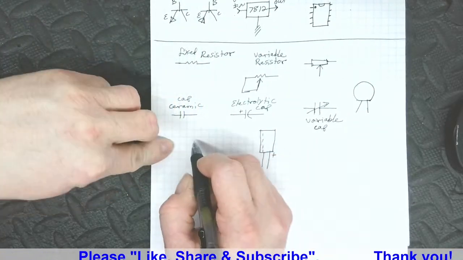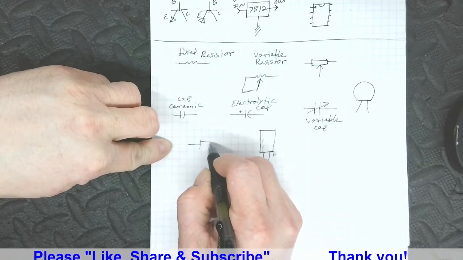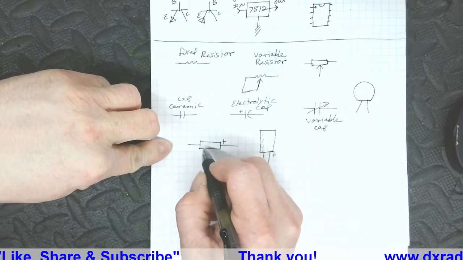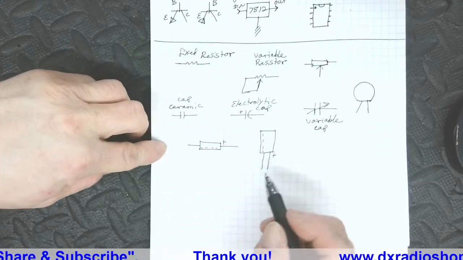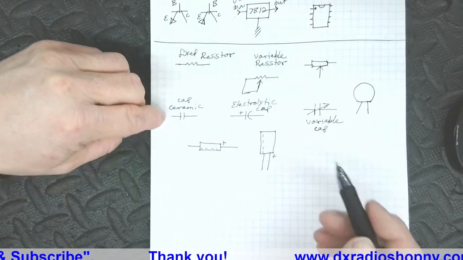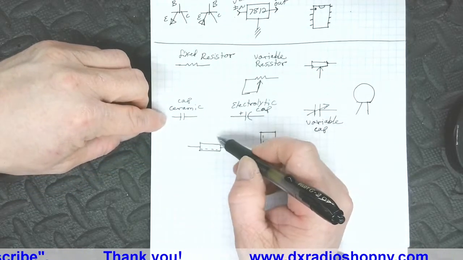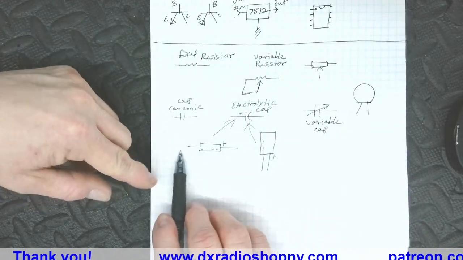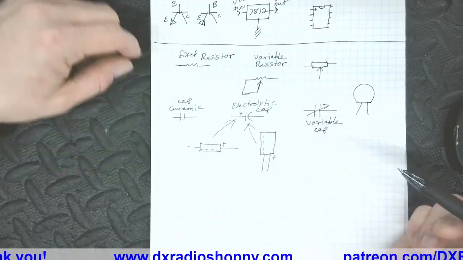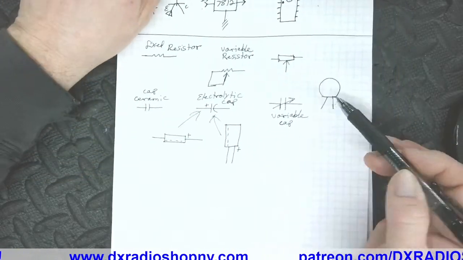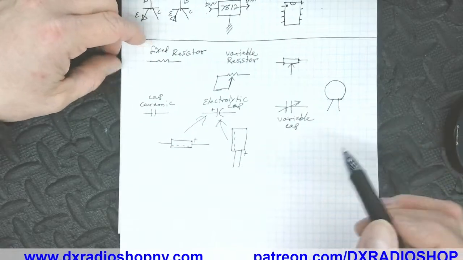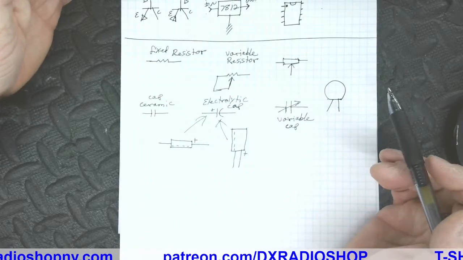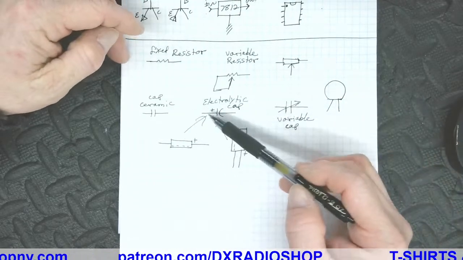Now the axial, that would be an axial type. These both are going to be electrolytic. Either they lay down with leads coming out the sides, or they stand up and come out the bottom. And this is what we call the pancake. We always call these pancake caps because they're flat and orange. Okay, so those are your basic capacitor symbols that you will see in circuitry.